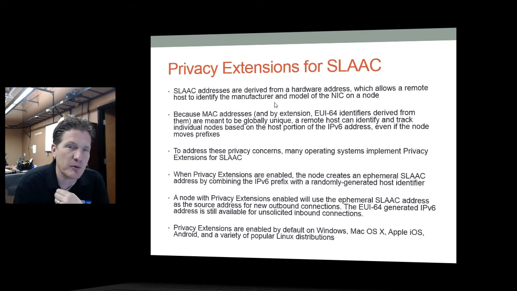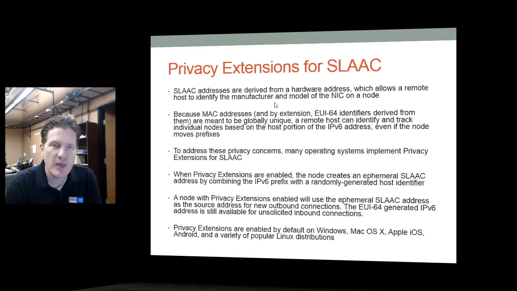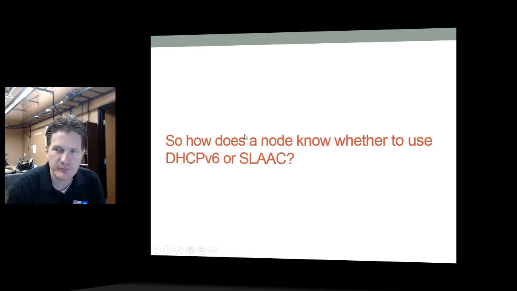So this is what we call privacy extensions. It uses a randomly generated host identifier. Privacy extensions are available on most operating systems nowadays because when EUI64 first came out, everybody was panicking because they thought we would all be given an identifier that could track us wherever we went in the world. And so that's what privacy extensions are for.